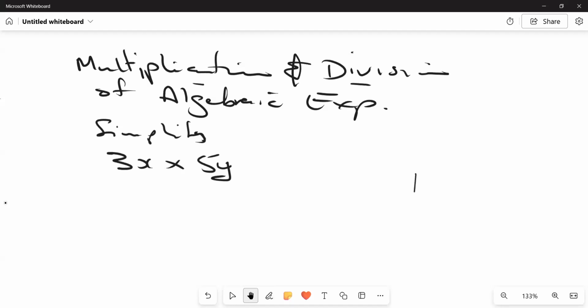When it comes to multiplication and division, you can multiply any term by any term. They don't have to be alike before you can multiply them. You get that? So you can actually multiply 3 by 5, 15, x by y, xy.